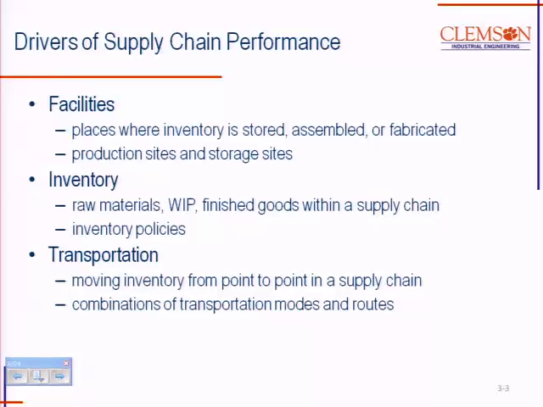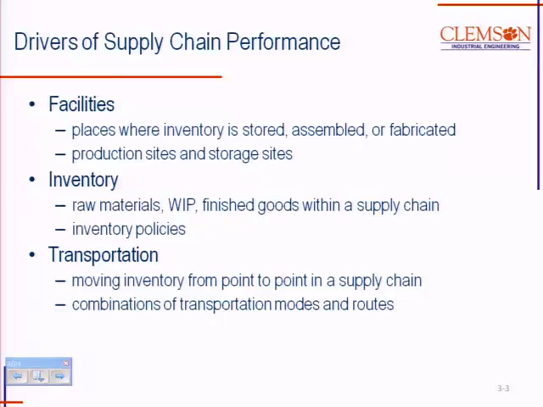So these drivers in supply chain performance, facilities being the first one. Facilities meaning places where we have inventory stored, assembled, fabricated, production sites and storage sites. So some of that may be even more applicable to some of these larger construction projects. Where do we best place these?